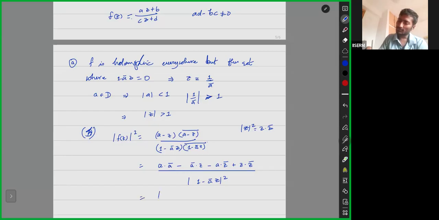So what is it? Modulus of a square plus modulus of z square minus w plus w bar.